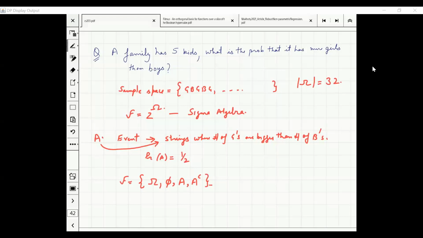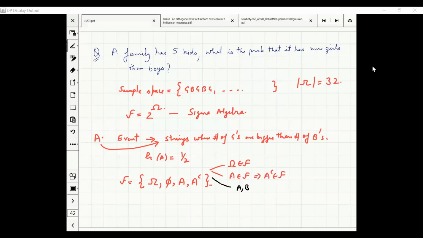Okay, first question, is this a sigma algebra? How do you verify that this is a sigma algebra? There were three conditions, right? Omega belongs to F, very good. If A belongs to F, then A complement is also in F, very good. And then countable unions are also in F.